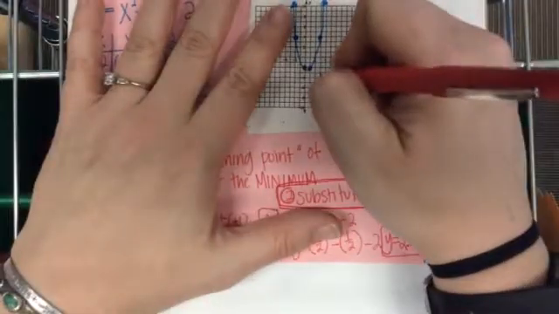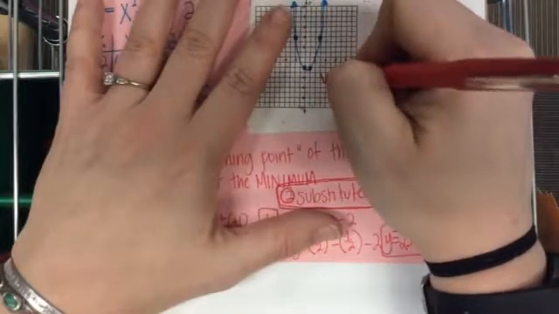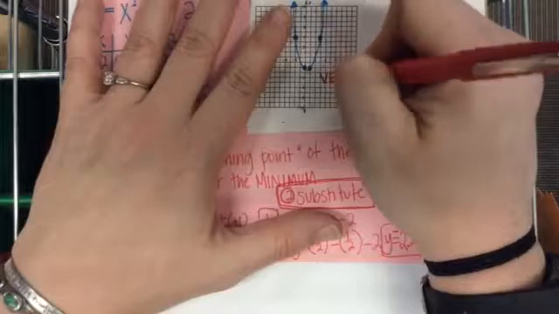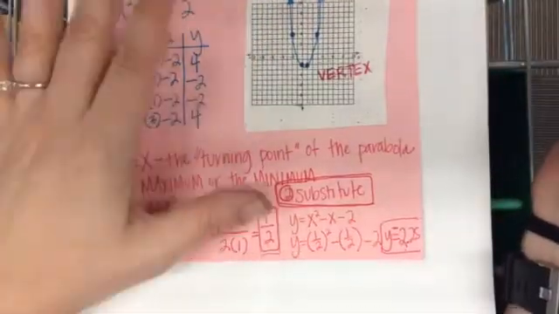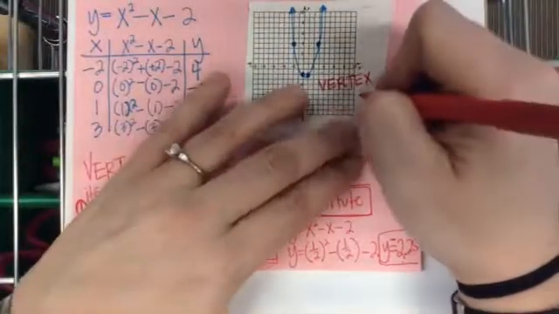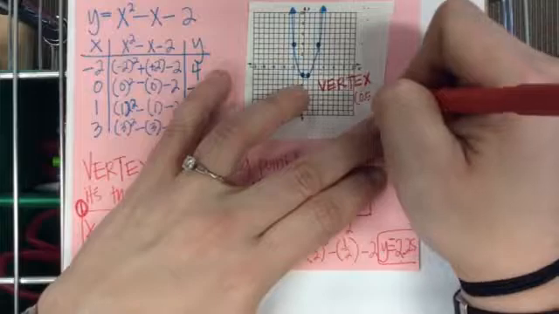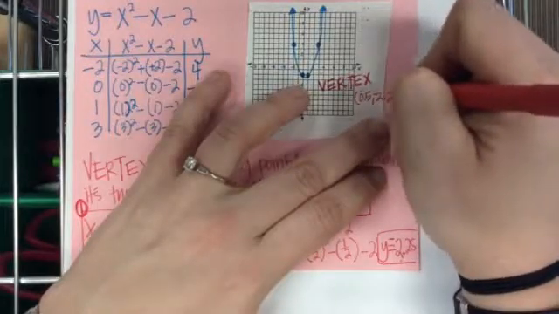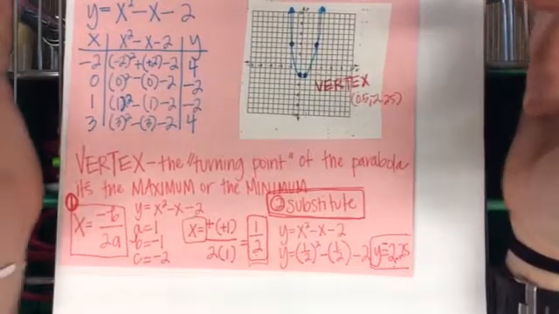So my vertex is 0.5, negative 2.25, or 1/2, negative 2 and 1/4.